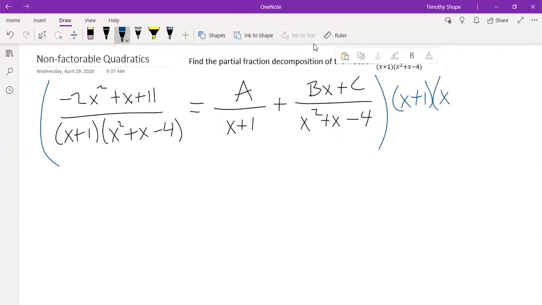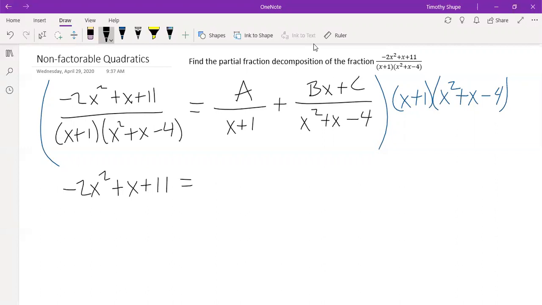And we do this in hopes of trying to clear out that denominator so that we don't have to worry about the fractions anymore. So when I multiply the fraction on the left side of the equation by both of those, that denominator completely divides out, and I'm just left with what was in the numerator.